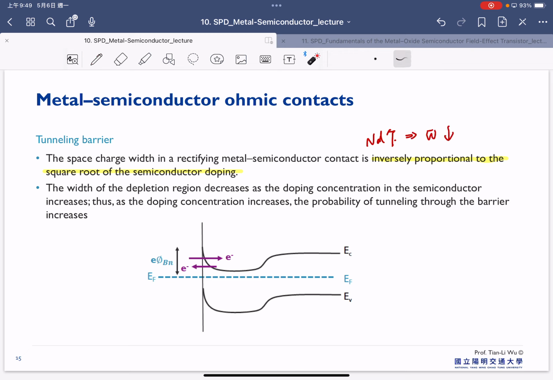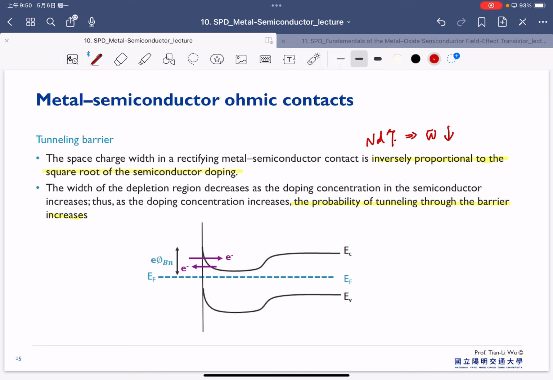That's what it says here, the space charge width is inversely proportional to the square root of the semiconductor doping. The width of the depletion region decreases as the doping concentration in the semiconductor increases. Therefore, once the doping increases, the probability of tunneling through the barrier is increased as well.